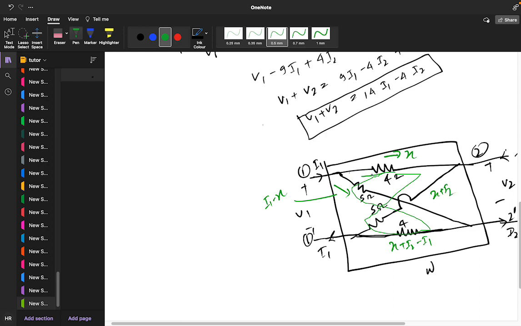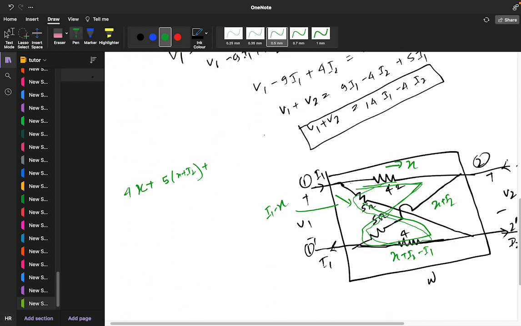Make the KVL like this. So what will we get? 4x plus 5x plus I2 plus this branch current. What is the direction taken?